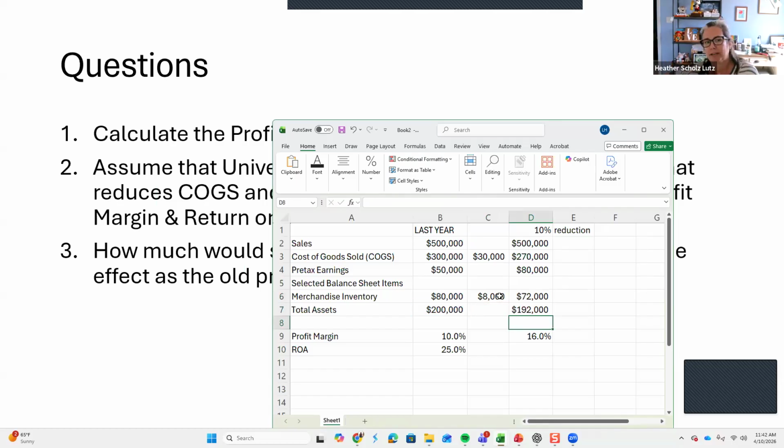Remember, inventory is an asset on our books. We've already invested our money in that. So if the value of our inventory goes down, our overall total assets are also going to go down. You can see here now, our return on assets actually has increased in this case. Okay, so that answers the first two questions that we had here.